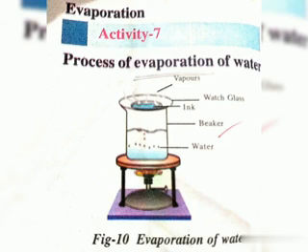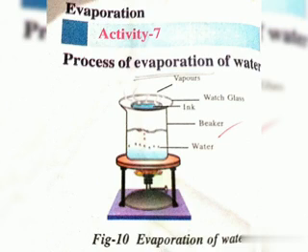So here we took one glass beaker, and in that beaker we took some water. We took one watch glass and kept it on the mouth of the beaker and put a few drops of ink on the watch glass. Heat the beaker and observe the watch glass.